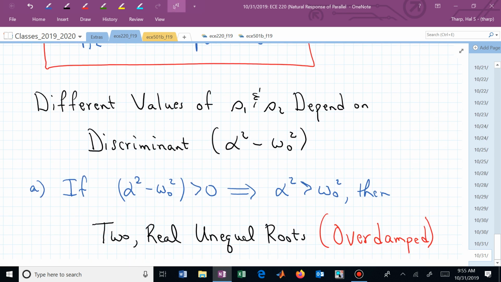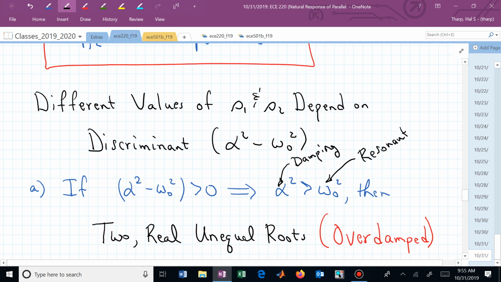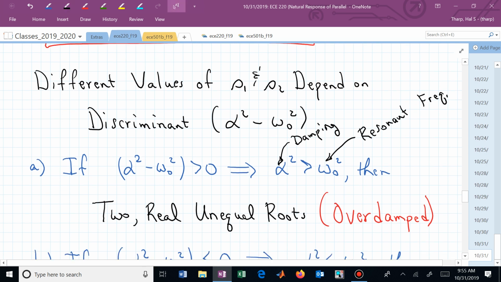Let me just say this is now our damping. This omega naught is our natural frequency, or I should say resonant frequency to be consistent with the book. And do you see that the damping is over in size than the resonant frequency?